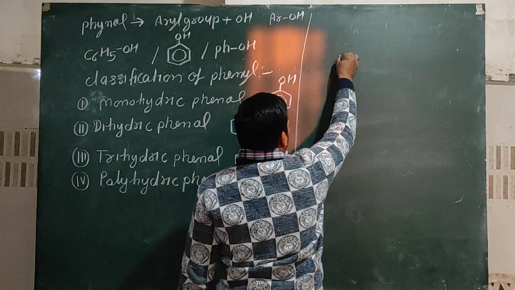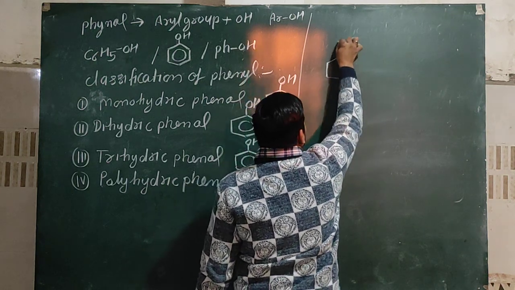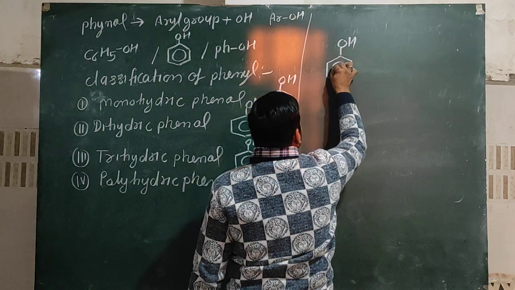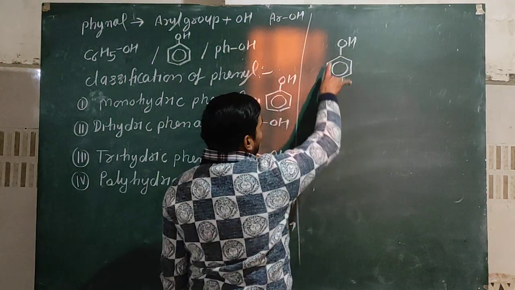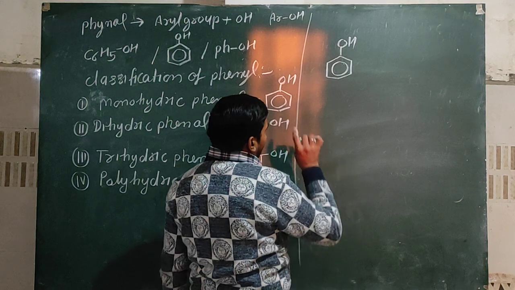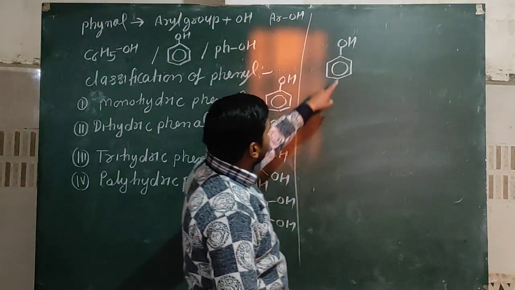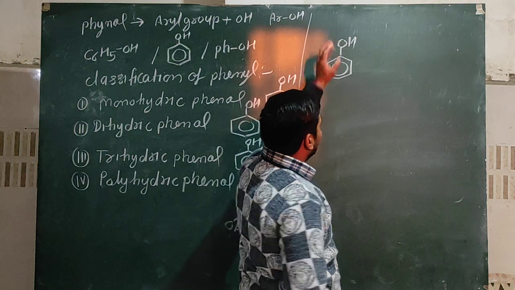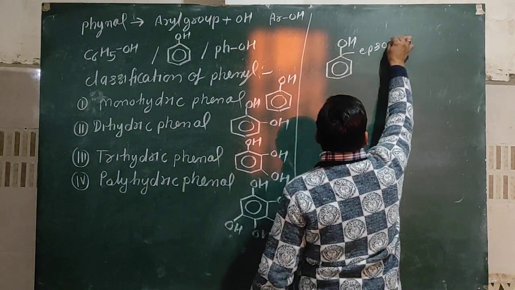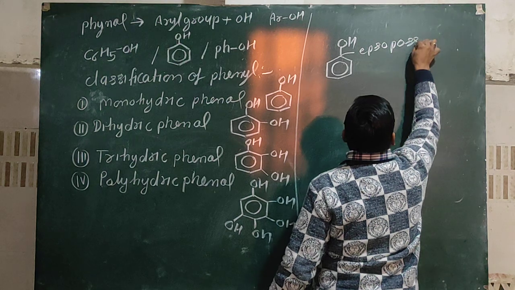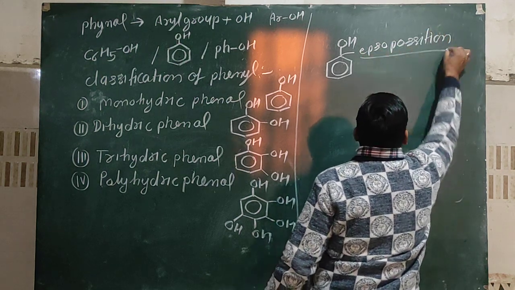Like if any benzene ring is directly bonded with an OH group, then it is known as phenol. In this situation, firstly you try to understand the position where the functional group is attached is known as the ipso position. Okay, it is the ipso position of phenol.